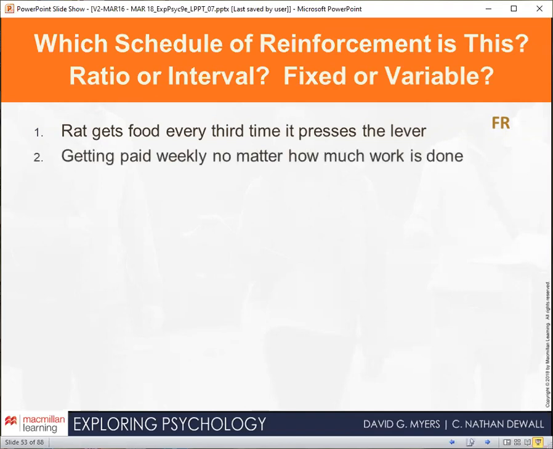Getting paid weekly no matter how much work is done. That would be a fixed interval schedule. Getting paid for every 10 boxes you make. Fixed ratio, based on a fixed number of instances of doing something, 10 boxes.